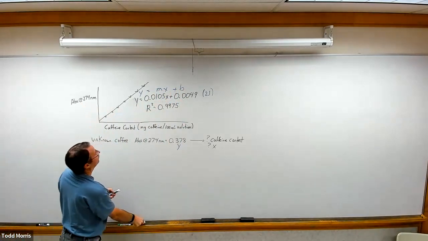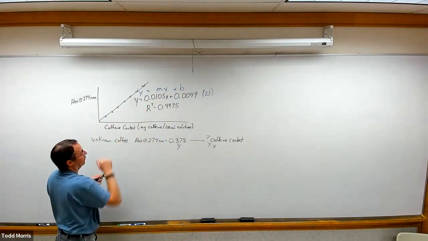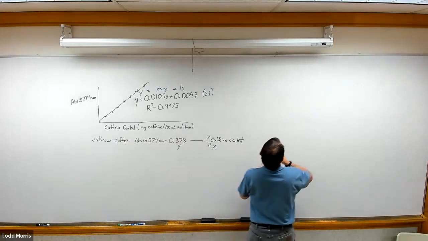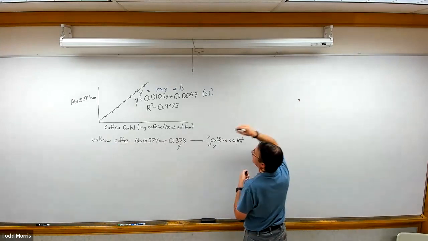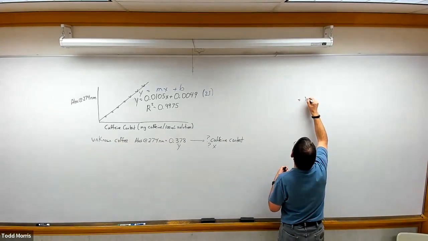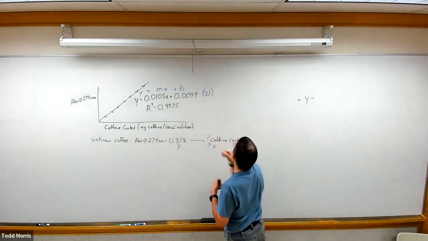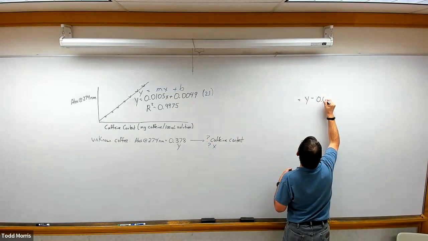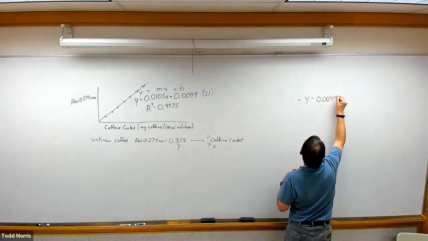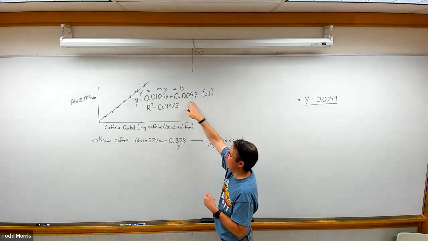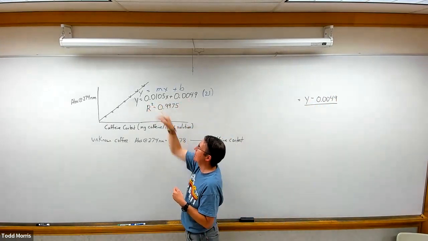So to do that, I want to first take my equation 2.1, and first rearrange it to solve for x. So to do that, we will first take whatever value y happens to be, and subtract from that the 0.0049, the y-intercept. In the algebra, I'm trying to isolate my variable of interest. So I'm first going to subtract off the y-intercept, and then I'm going to divide by the slope.